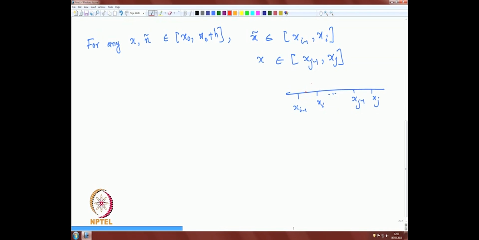So, x tilde is somewhere in the interval between x_{i-1} and x_i, and x is from the interval [x_{j-1}, x_j].